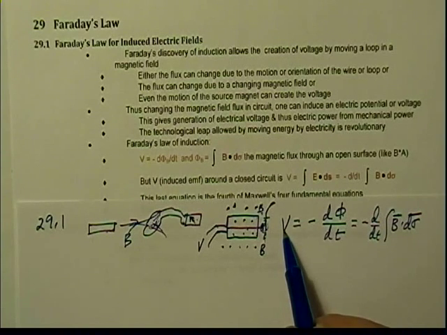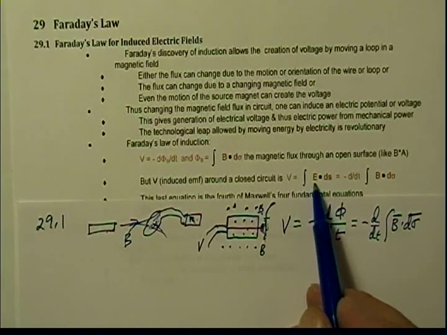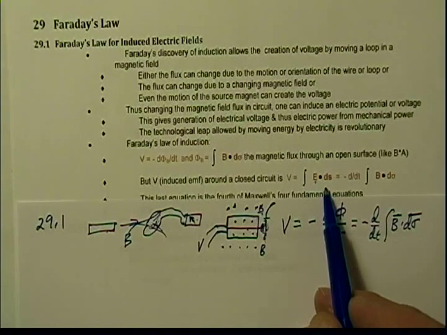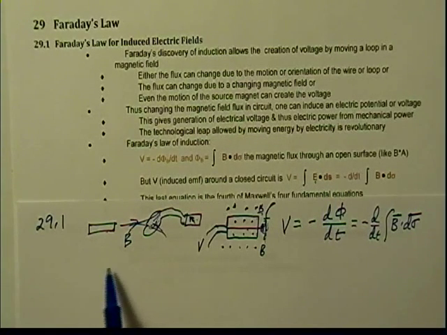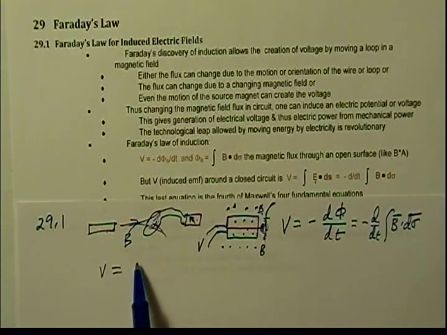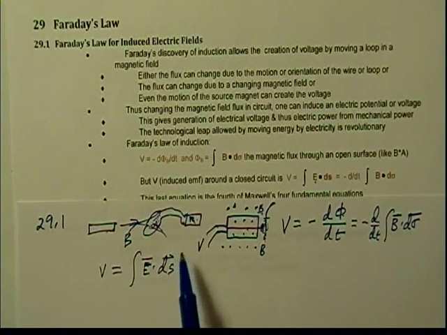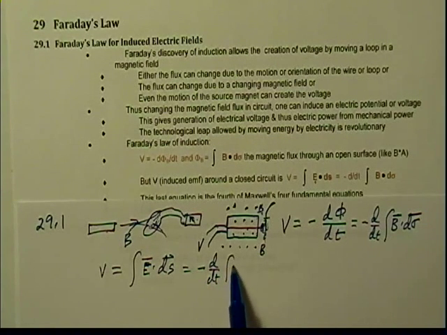You'll recall that the voltage is given by the integral of E dot ds, a previous result that we had back when studying the electric field. So we can write the voltage as equal to the integral of E dot ds, which is equal to minus d by dt of the integral of B dot d sigma.